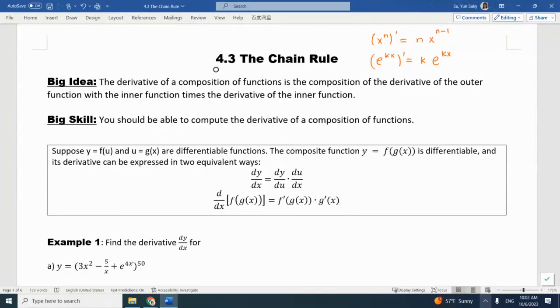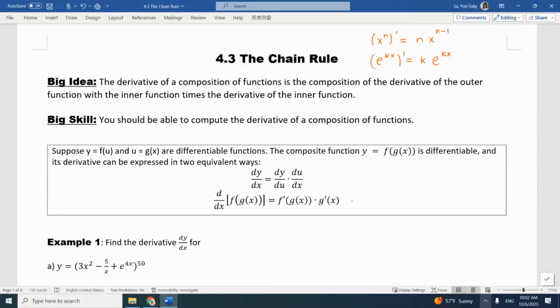Do you remember I said father looks like the sun and father has a mustache, right? So you still have e to the kx. Don't put e to the kx minus 1. Don't change the exponents. So that's the power function and the exponential function.